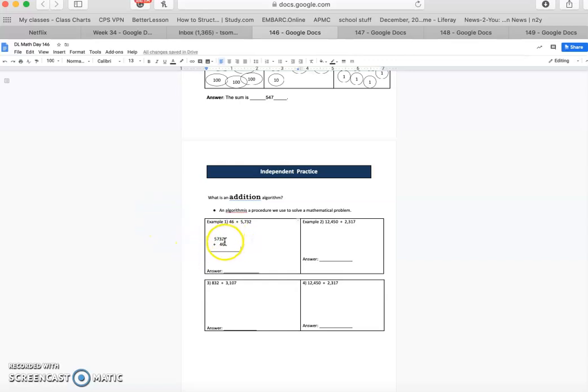We start from the ones place when we add. 6 plus 2 is 8. 3 plus 4 is 7. Then we bring down the 7 because there's nothing to add it to, and then we bring down the 5. So our answer is 5,778. I'll write that on the line.